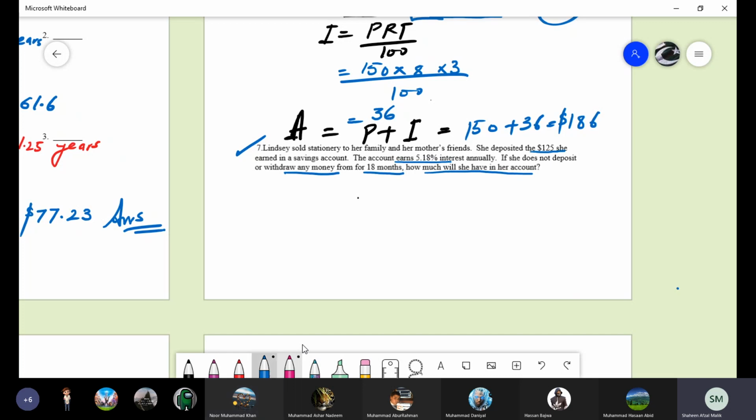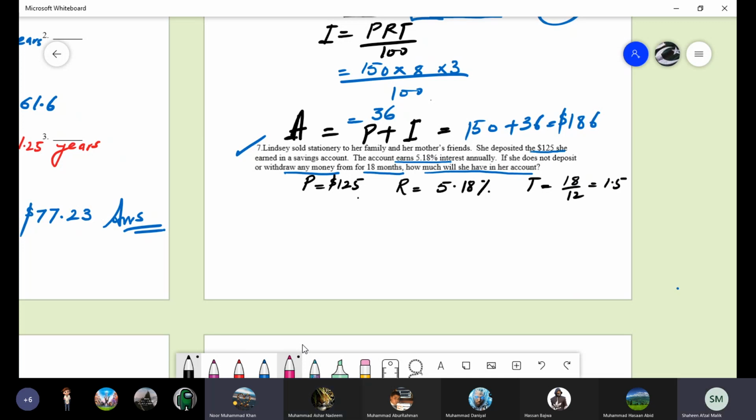Okay, so first of all, let's write all the stuff that is given to us. What is the principal? Ma'am, principal is $125. What is the rate of interest? 5.18%. What is the time? Ma'am, time is 18/12, that will be 1.5.